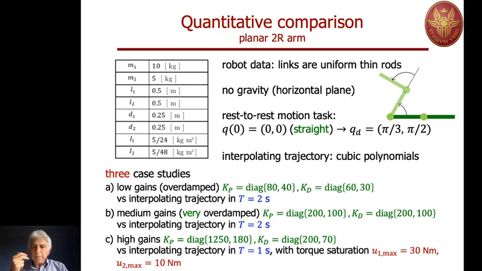And it's over-damped because the choice made here, this is a study made during a small project, probably was too large, so that we are damping the motion too much. And the interpolating trajectory is here built with a duration of 2 seconds. By the way, it's clear that this duration should be chosen in a suitable way.